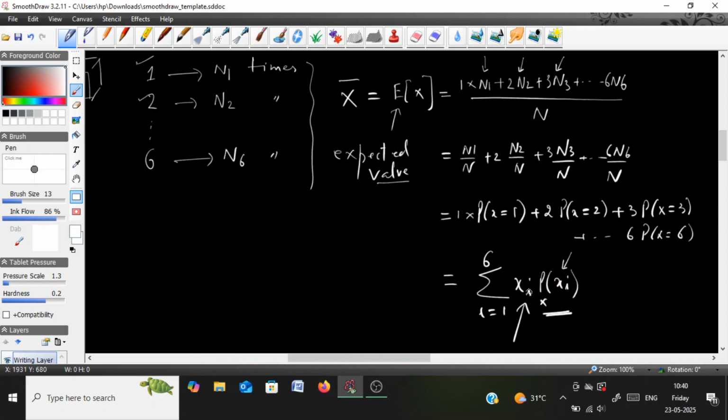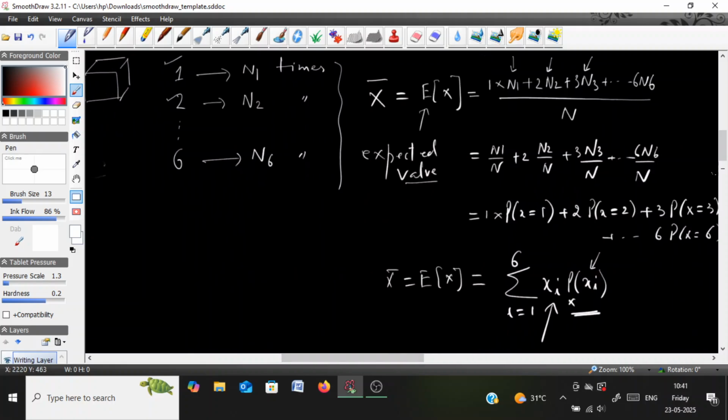If you multiply the values of the random variable with their corresponding probabilities and you add it over all the possible values that the random variable can take, that will give you the mean value or the expected value of this random variable x.